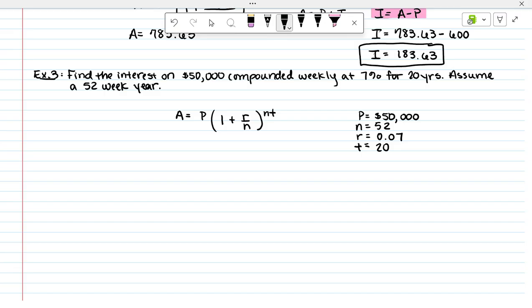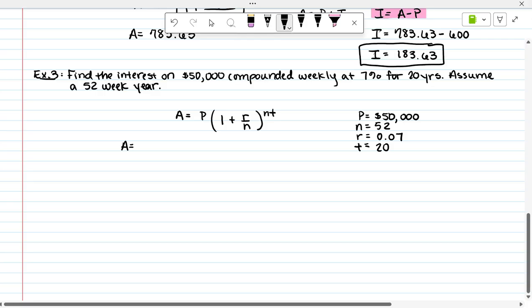We're going to see how much interest we make on that. So I've got A equals, my principal is 50,000 times 1 plus my rate is 0.07 all over n, which is 52, all to the 52 times 20 power.